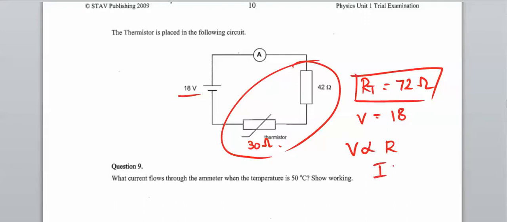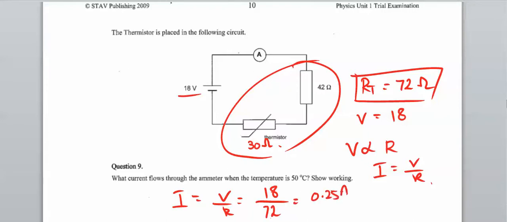I is V over R, so as the resistance changes, so does the current. So what current flows through the ammeter when the temperature is 50 degrees? Well, I is equal to V over R. We know our voltage is 18, and our resistance, looking at this diagram, is 30 plus 42, 72, and it's going to be 0.5 amps.